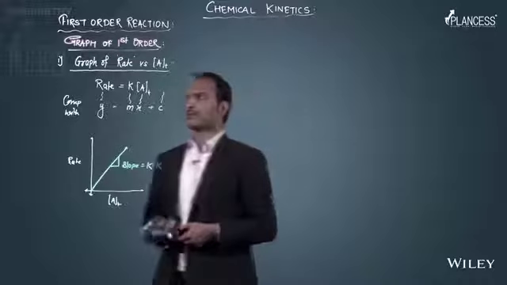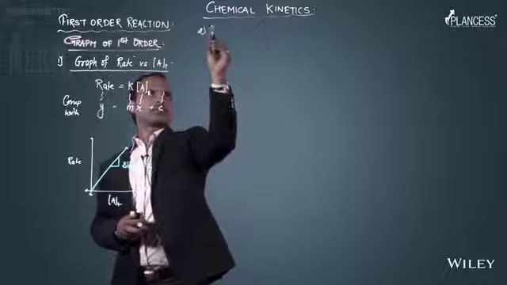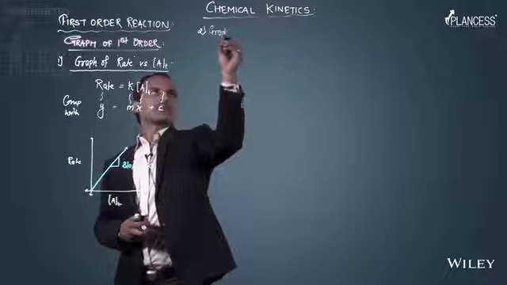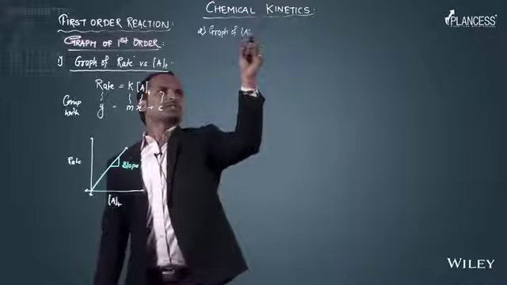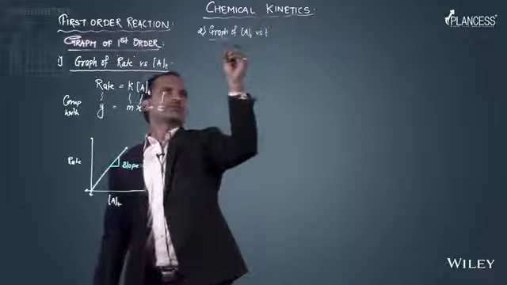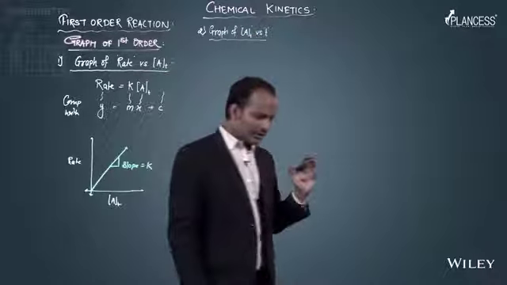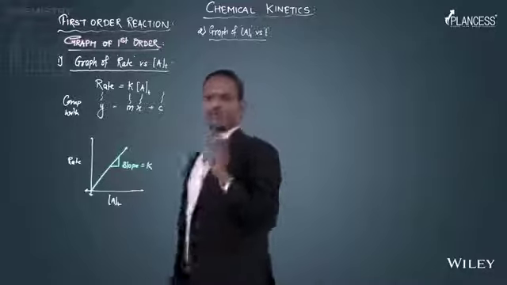Then the second is a graph of At versus time. At means the concentration of reactant versus time. Now again, to know the nature of the graph, it is better to think about which equation or formula has both At and time.